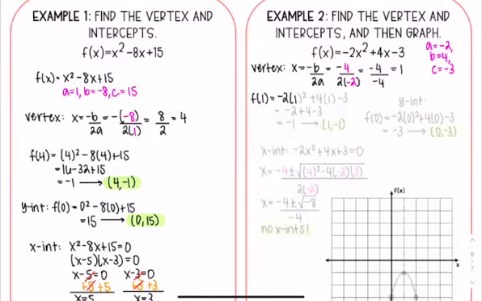So that's negative 2 times 1 squared plus 4 times 1 minus 3. So we get negative 2 times 1, which is just negative 2, plus 4 minus 3, which gives me negative 1. So my vertex is at the point 1, negative 1.